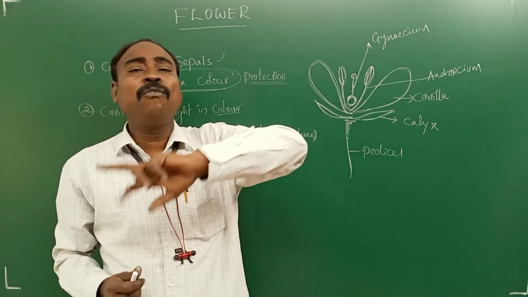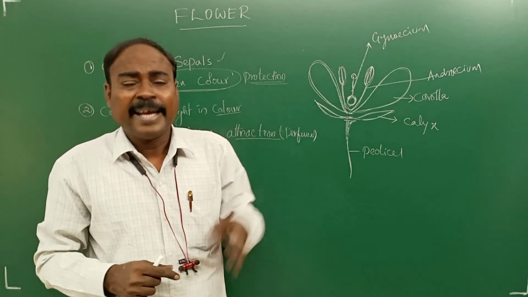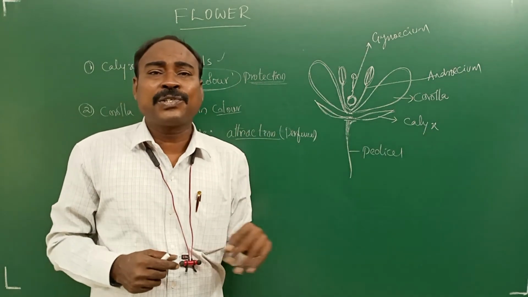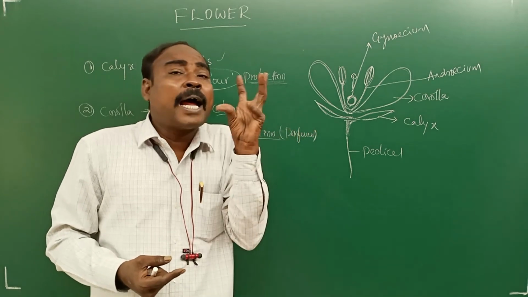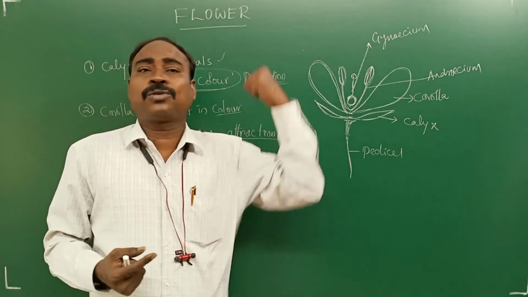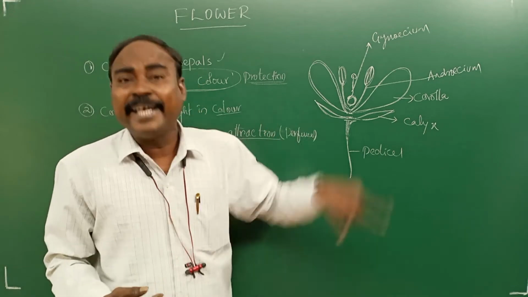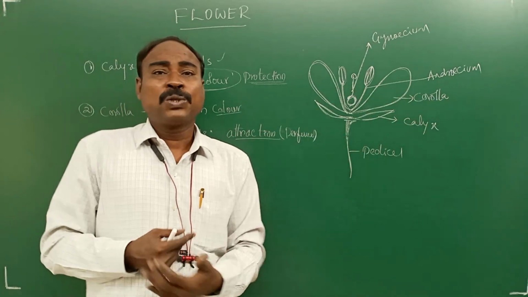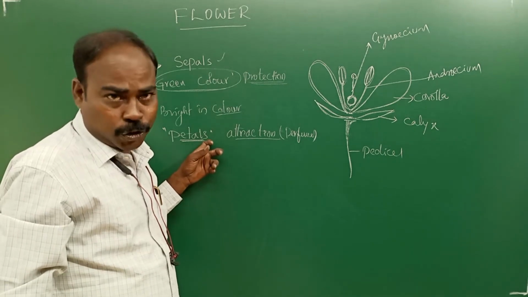Carrying of pollen grain through wind or water also takes place in certain plants like grasses and water plants. But in higher plants, the attractive petals attract insects, birds, moths, bees, flies, etc. as their pollinating agents.